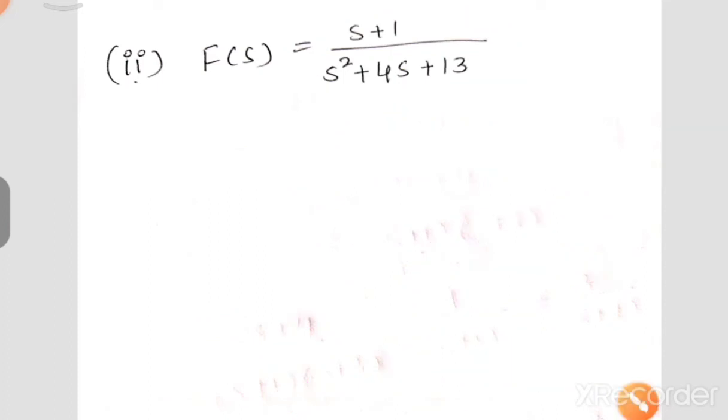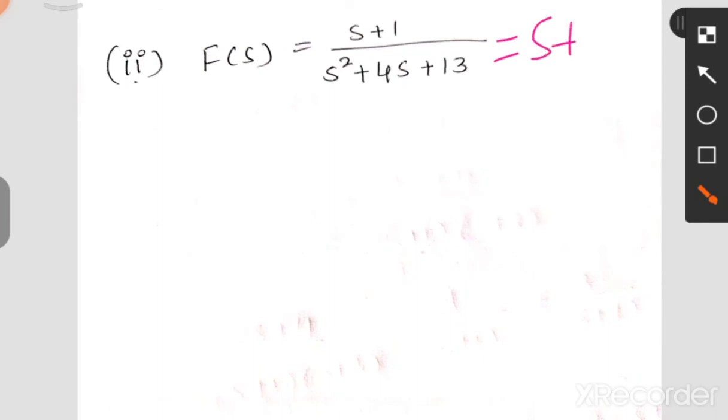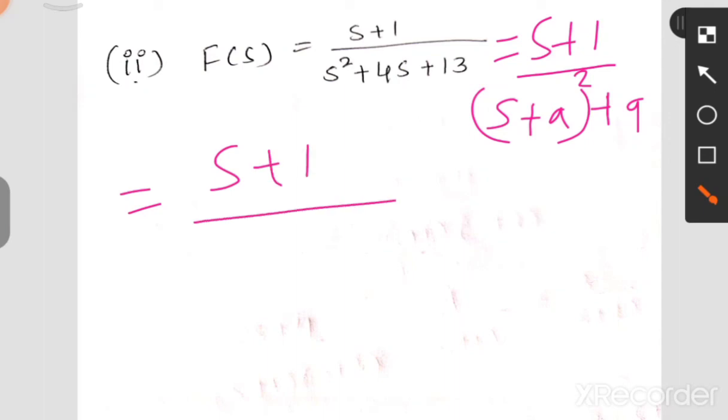So we can write this equation as s plus 1 divided by s plus 2 whole square plus 9 was there. 9 can be written as 3 square.